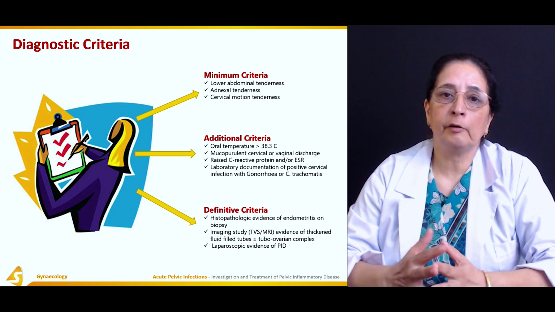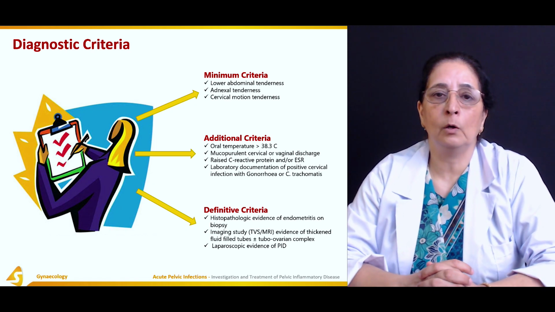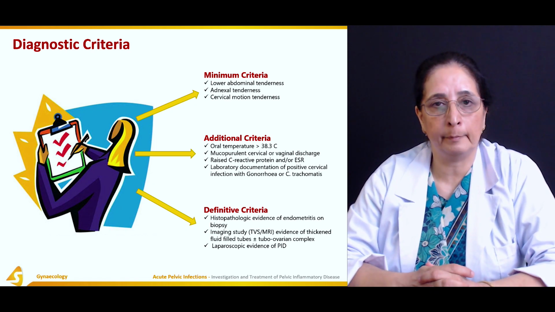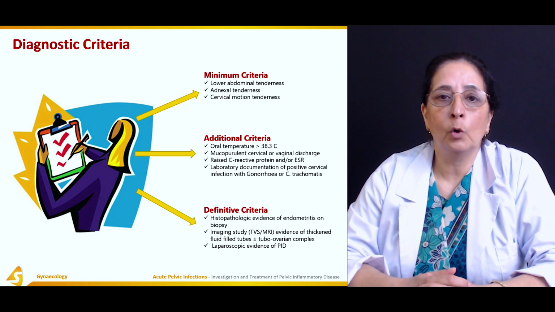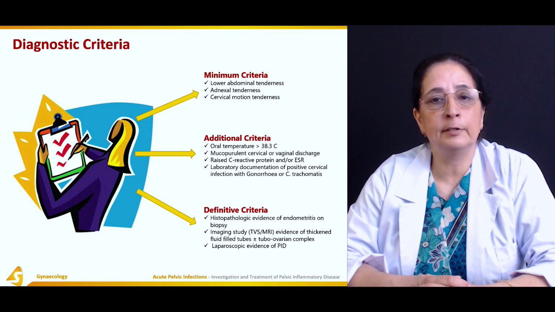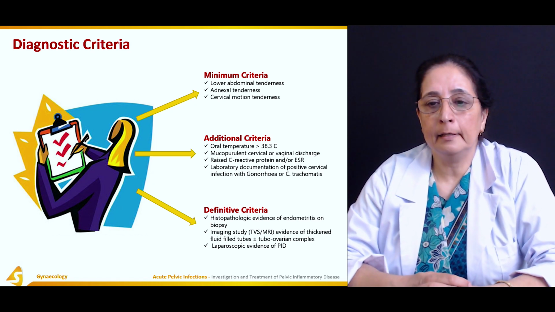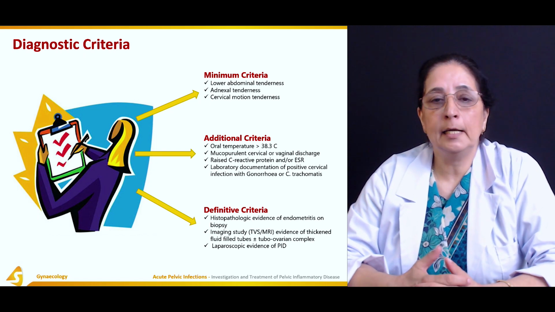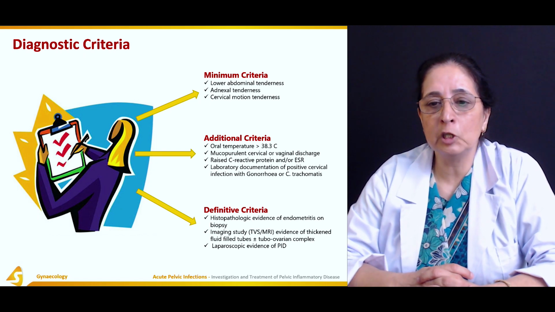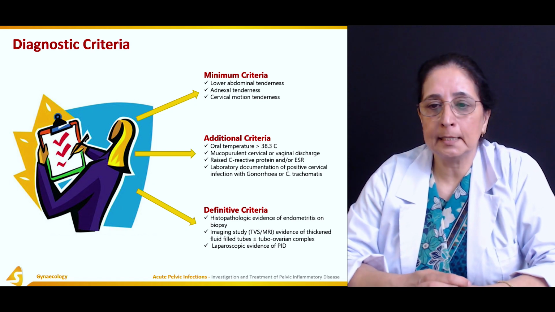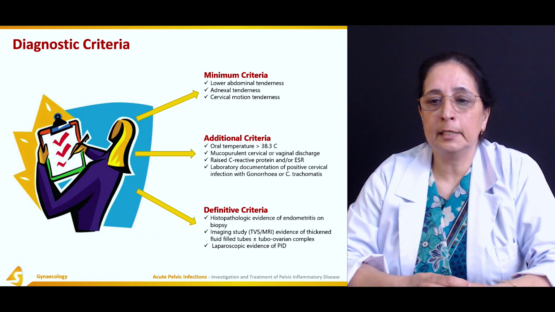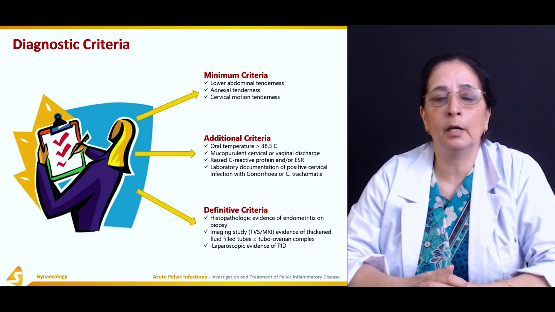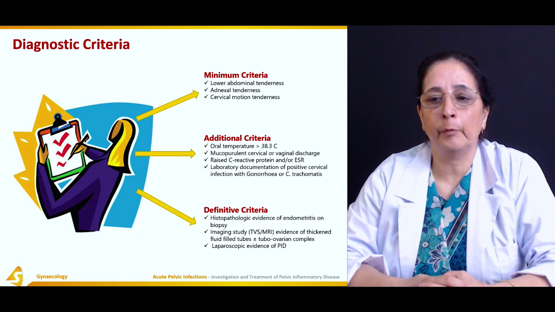Then some additional criteria: oral temperature, which is usually above 38.3 Celsius, mucopurulent cervical or vaginal discharge, raised ESR or C-reactive protein on lab testing, and lab documentation of cervical infection with gonorrhea or chlamydia trachomatis.